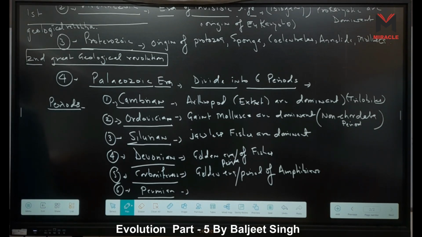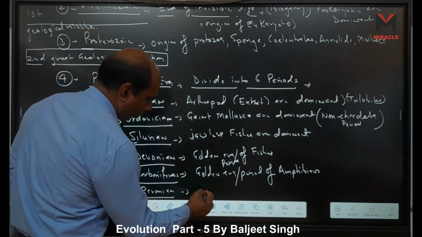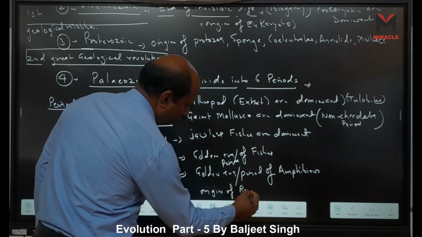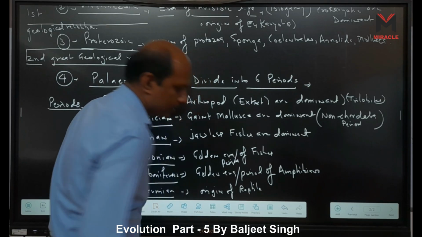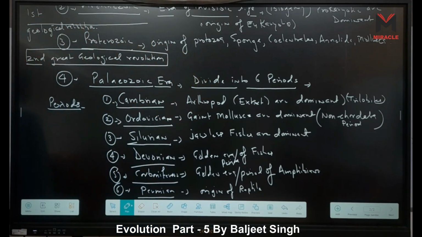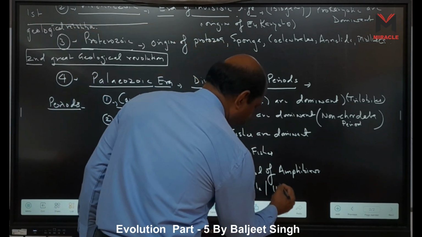What happens in Permian? Reptiles. Origin of modern reptiles. And another important thing which I want to tell you: the first gymnosperm appeared in this era.